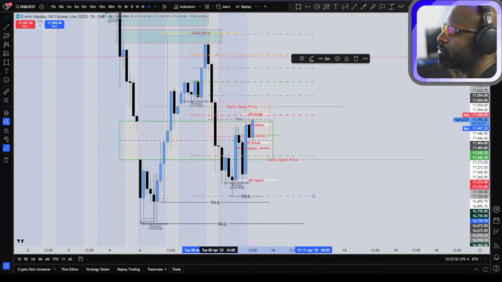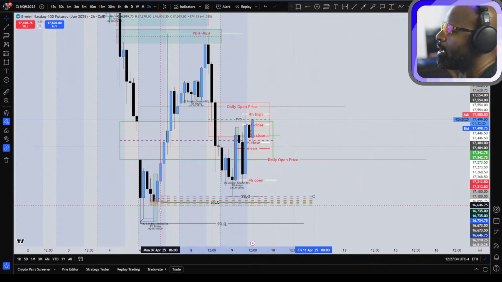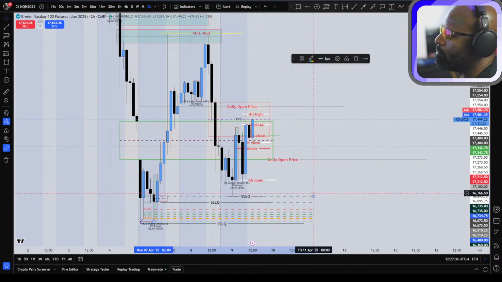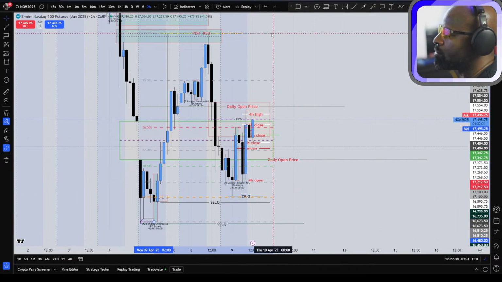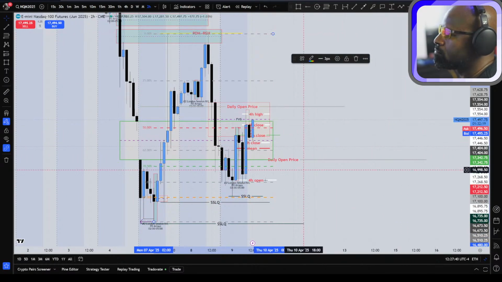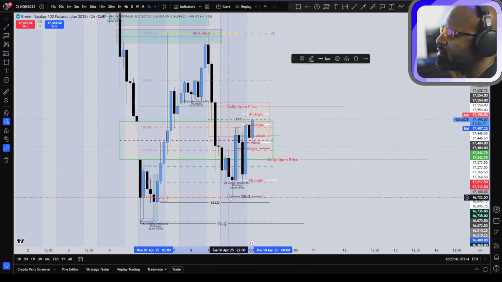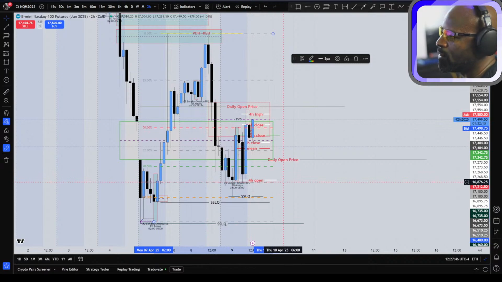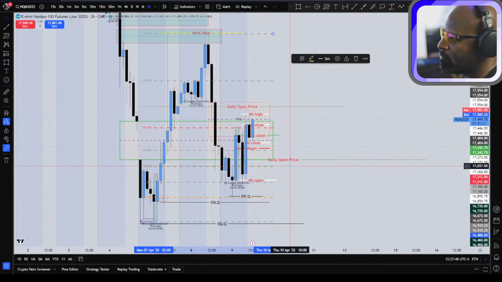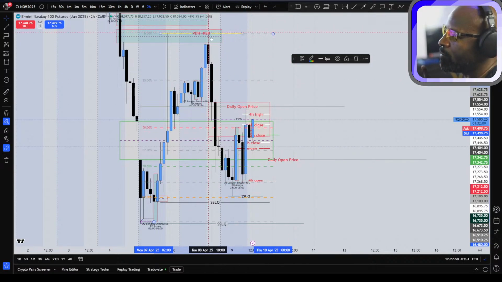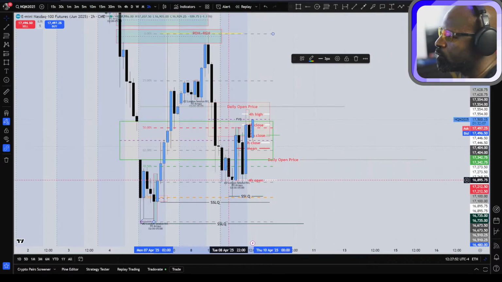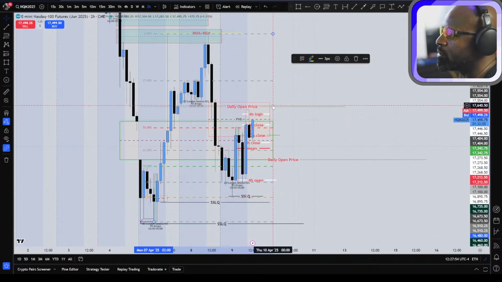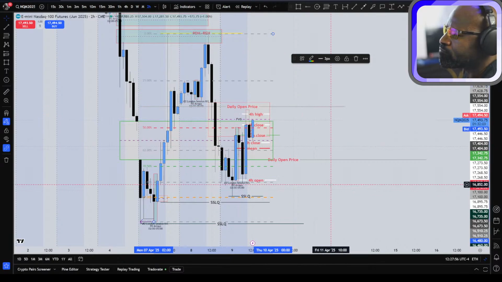Well, no, that's a 50% retracement from this level to this level. However, from this level to here, right? We've just come down and we hit the 87% level. All of these wicks are on that 79% level, right? Here's 70. So this is the optimal trade from this high down to this low. Once we came into this level, then we rejected and we moved back to the upside.